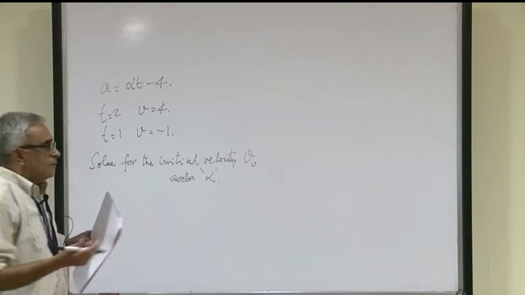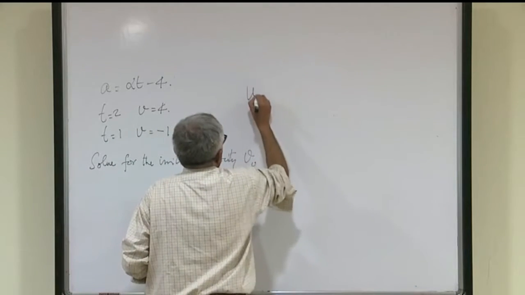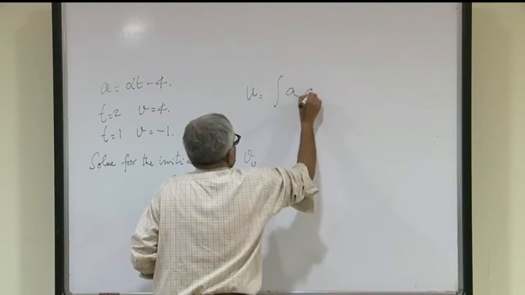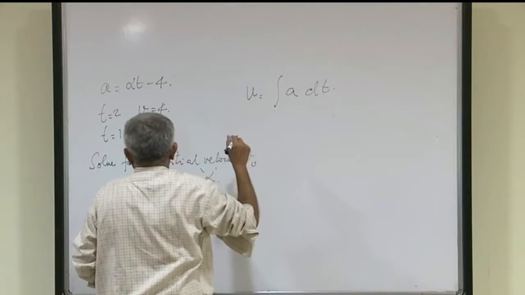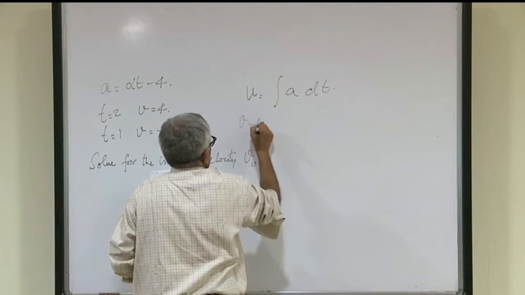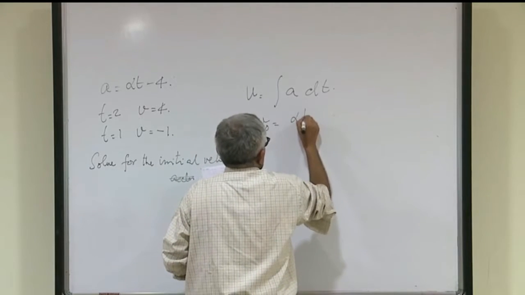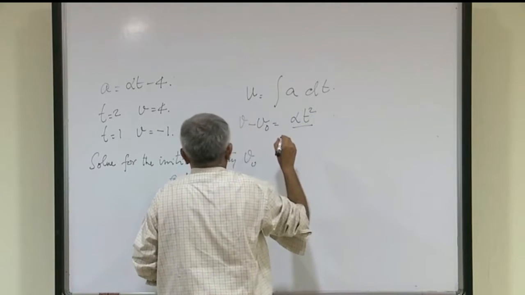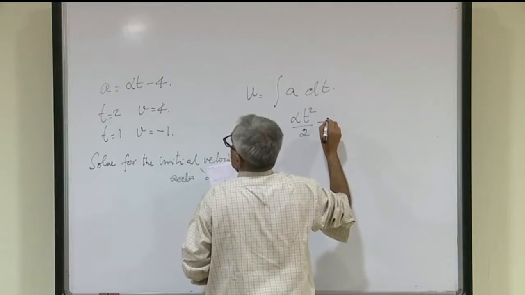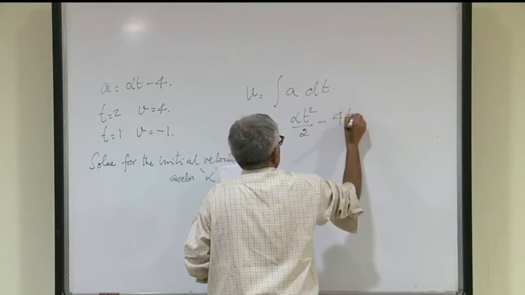V is nothing but the integral of a dt. So V minus V naught equals alpha t squared over 2 minus 4t.